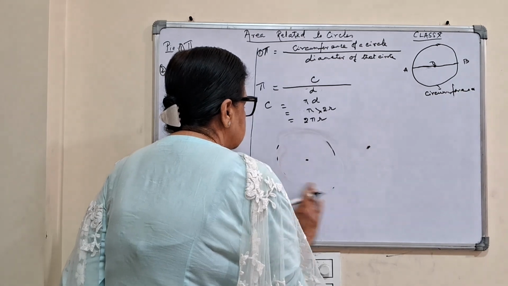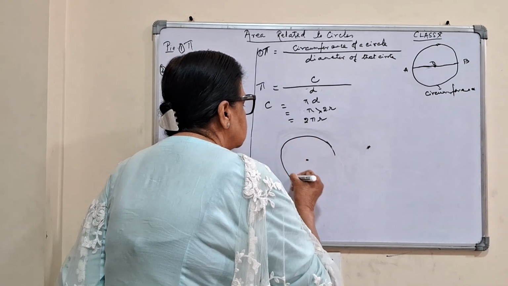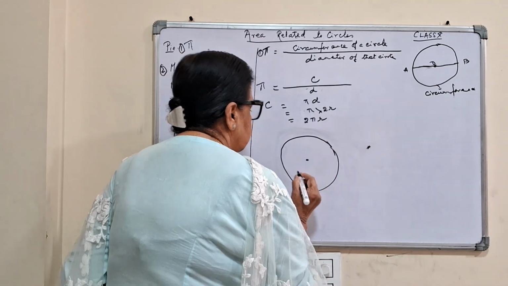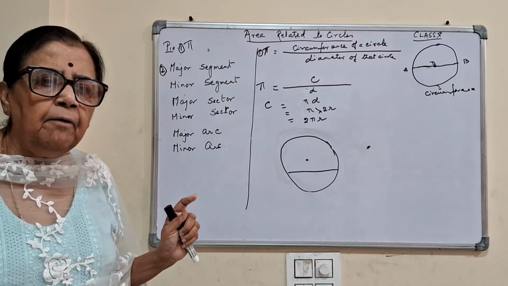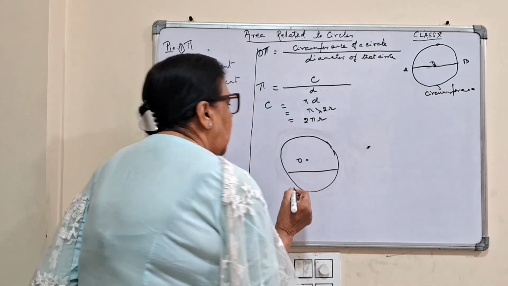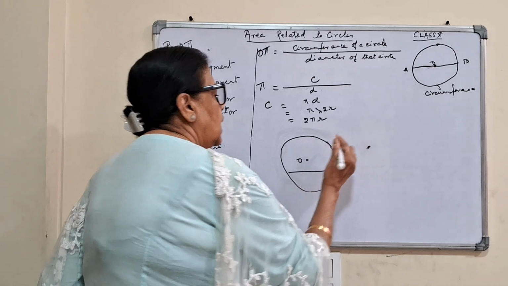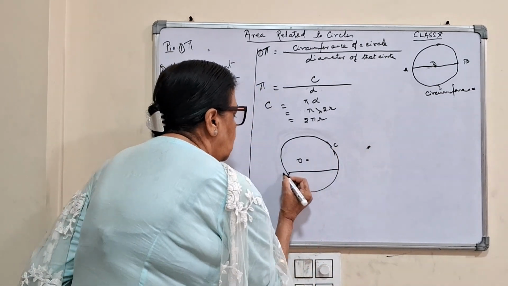Sorry, I'll draw it properly, because it is very difficult to draw a circle freehand. So this is the chord I have drawn. This is center O, this is the circle C, and this is the chord AB.